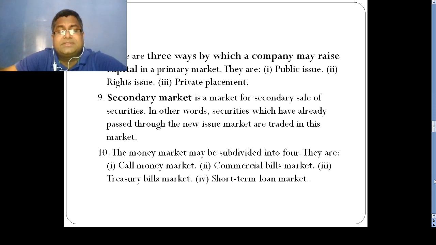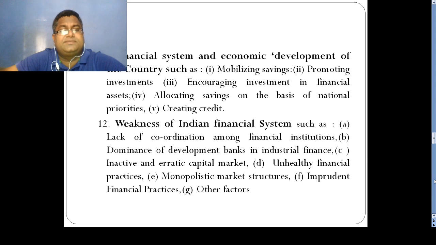The secondary market is where shares can be traded, where the new issue market securities are traded. It is called a stock exchange. That is the secondary market. And the money market may be subdivided into call money market, commercial bill market, treasury bill market, and short term loan market.